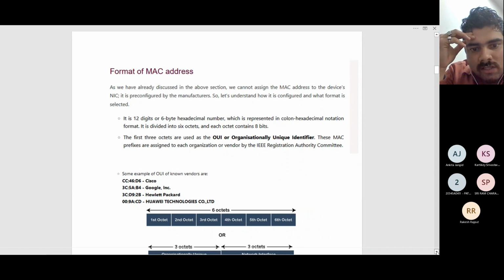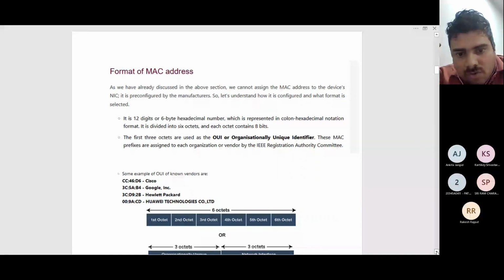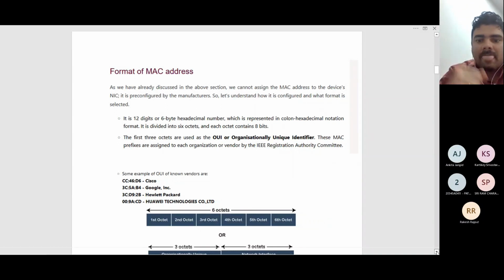The first 3 octets are used as the OUI, organization unique identifier. These MAC prefixes are assigned to each organization or vendor by the IEEE Registration Authority Committee. So IEEE is the standard registration authority.